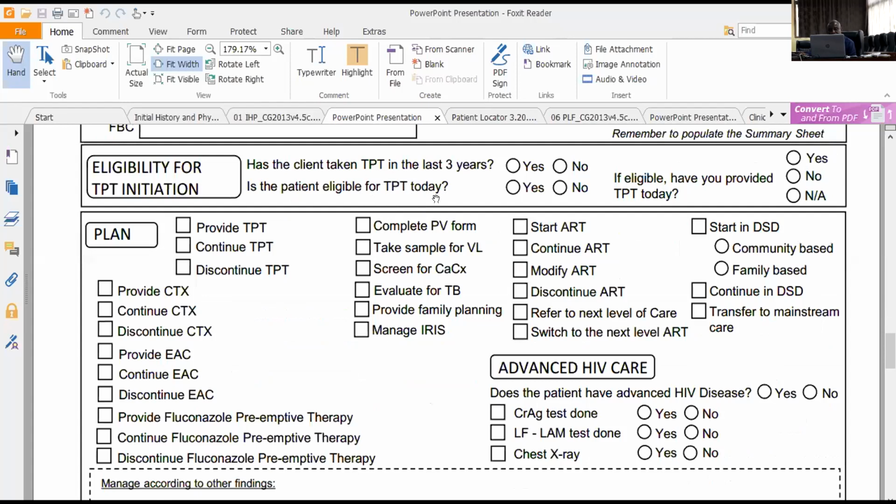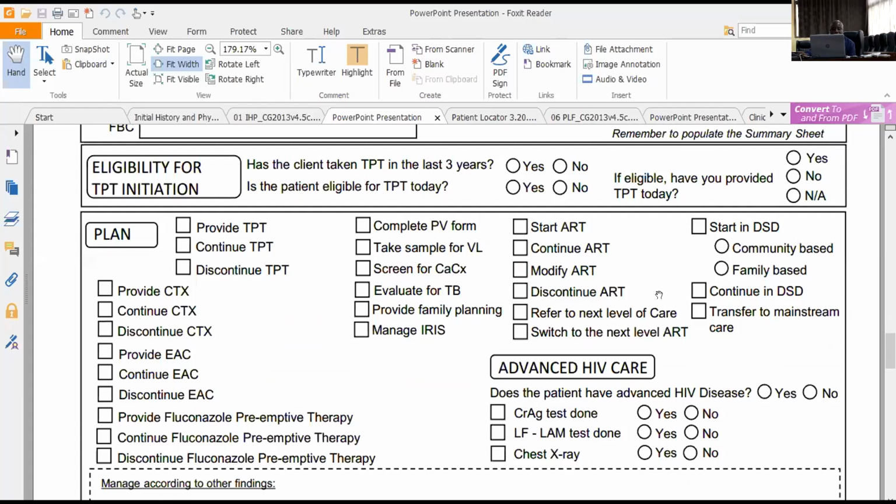Is the patient eligible for TPT today? So you say yes or no. And if eligible, have you provided TPT today? So it has to come out, actually, not just a matter of assessing, then you leave it there. You have to make sure that the TPT has been given today.